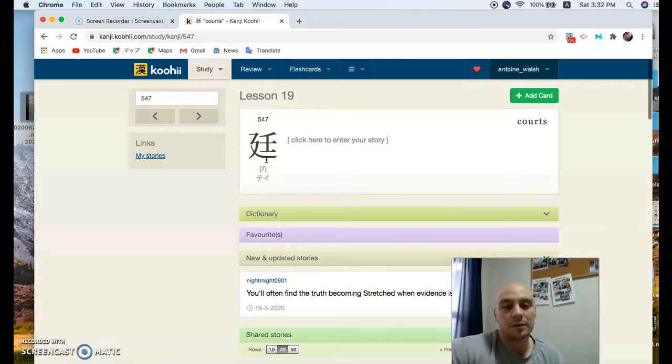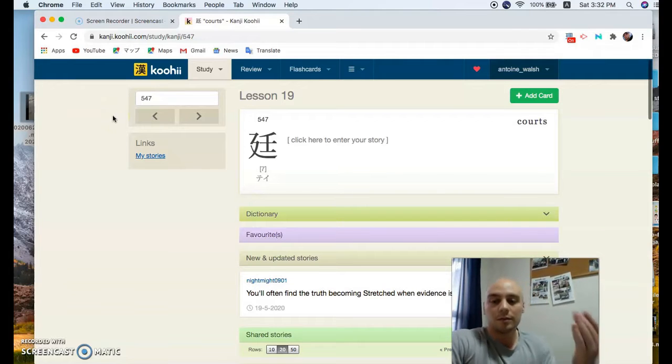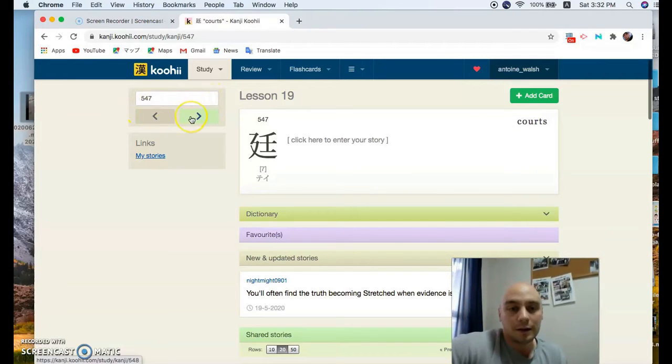But eventually, people created this forum, and you could submit stories, and other Chinese character learners would vote for which ones they liked, and the popular ones would be voted to the top. So it's really a useful resource, because that way you don't have to think of your own story for every character, which would take much longer.